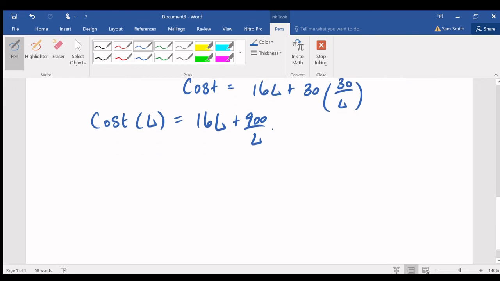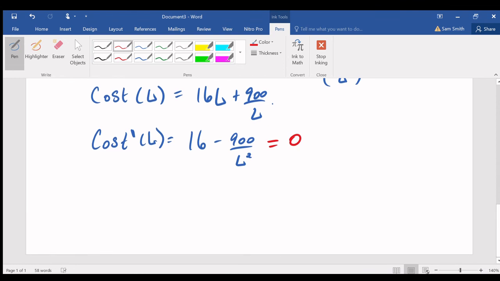So if I write cost prime, take the first derivative, it must be the derivative with respect to the only input we have, L. So that's 16 minus 900 over L squared. And if we set this equal to 0, then we will be on track for finding the critical values where probably we're going to have some minima living.